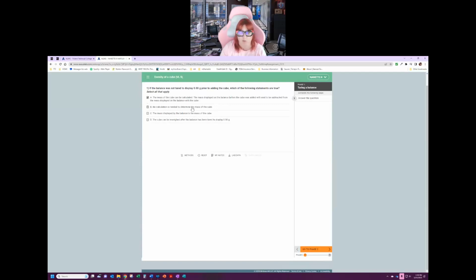That is not true, because if it wasn't a 0, then we have to deal with the number that was there to begin with. The mass displayed by the balance is the mass of the cube. Nope, not true, for the exact same reason that I just talked about. And the cube can be reweighed after the balance has been tiered. Yes, absolutely it can. So both of those two should be true, and the two in the center should not be.